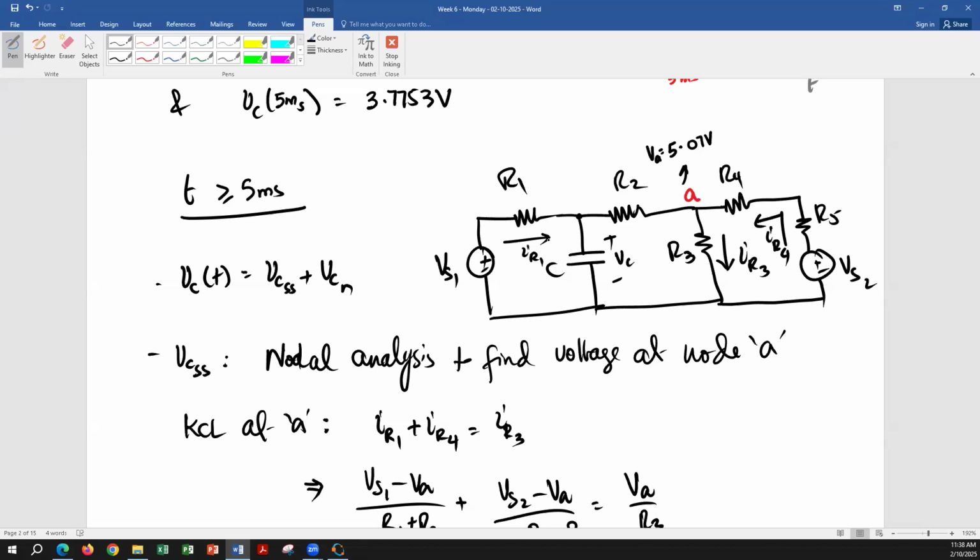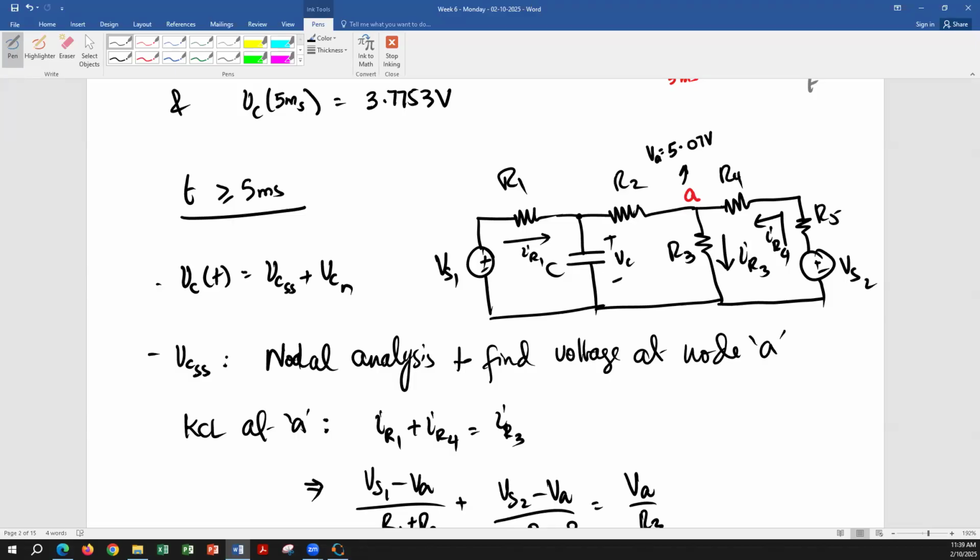Yunus: VS1 minus VC over R1. Why is it so hard for you guys to apply Ohm's law on R1 to get current? VS1 minus VC over R1. VC is the voltage at that node between R1 and R2. That's why Jose, you were close, but you are not looking at the current direction.